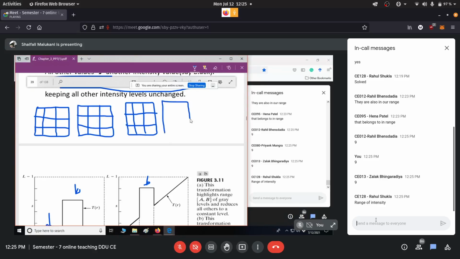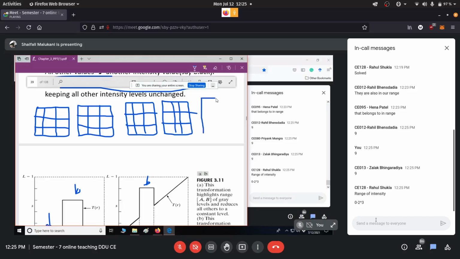Range of intensity. Can you elaborate on that? Yes, it will be 0 to. Okay. Can a 3-bit image be 5 cross 5?